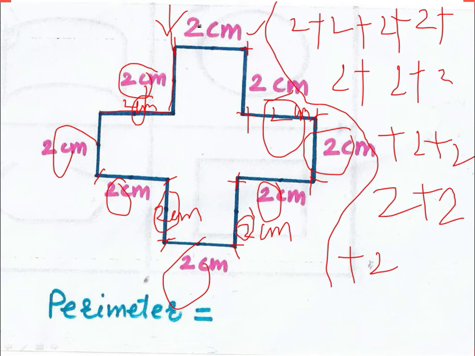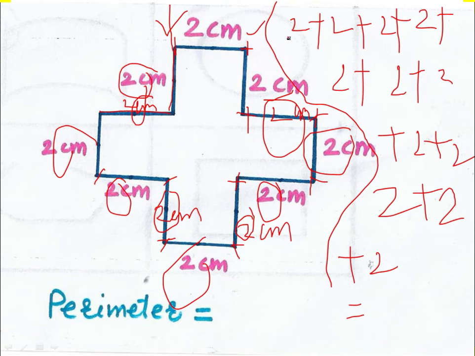Now we will simply count: 1, 2, 3, 4, 5, 6, 7, 8, 9, 10, 11, 12. Good. Now after adding these twelve 2's, what will you get?